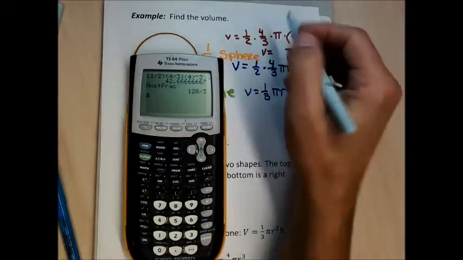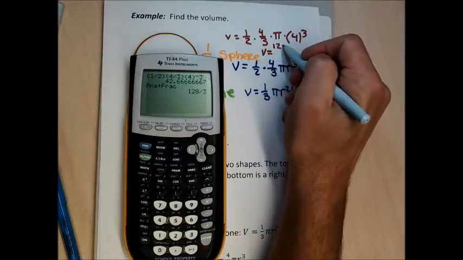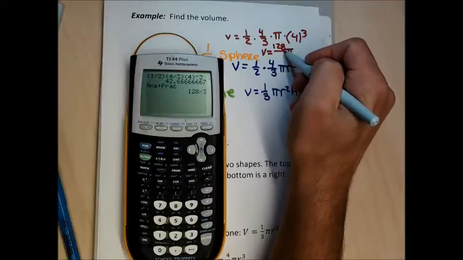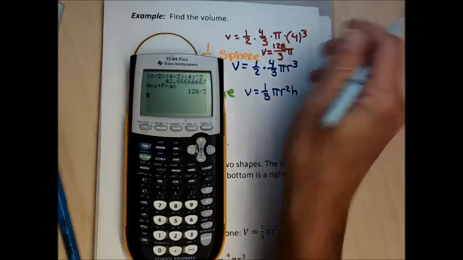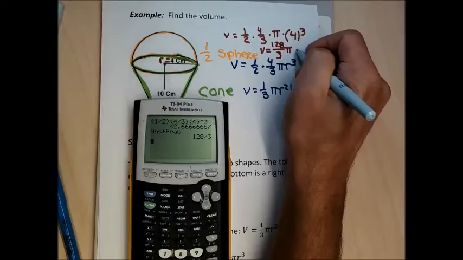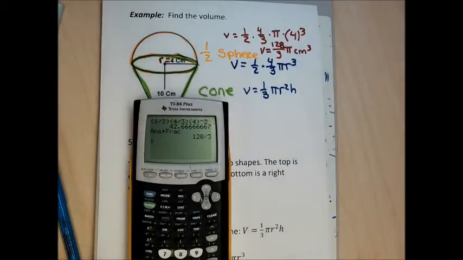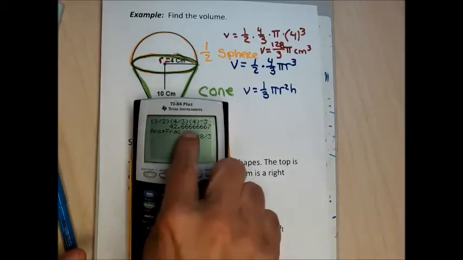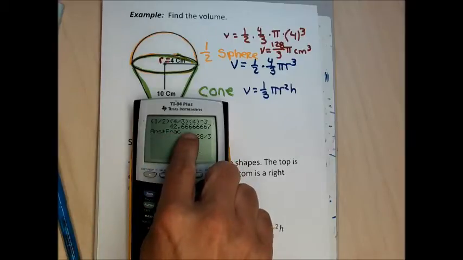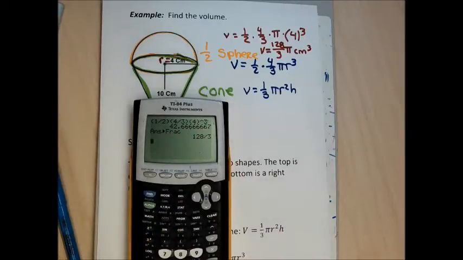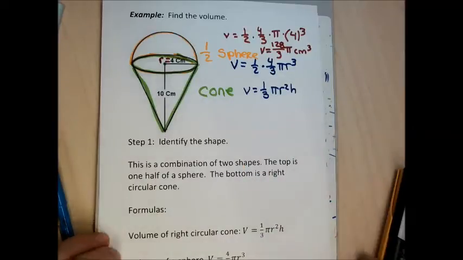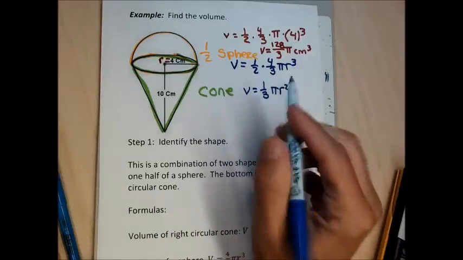The volume of this is 128 over 3 pi, and the units are cubic centimeters. So that's the volume of the spherical top. If you wrote 42.67 because it didn't say anything about rounding to 2 decimals, I'd live with it, but I just wanted to show you how to do fractions on your calculator anyways, and it's a nice answer.